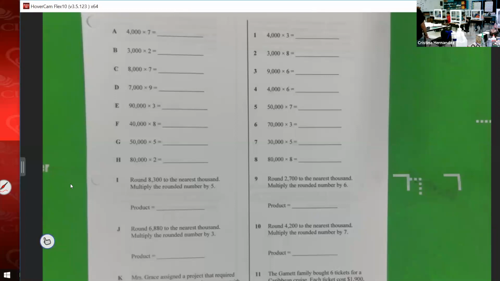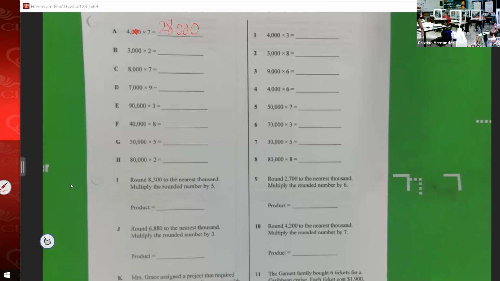How many zeros are moving over on A? Come on, wake up. 3. So we're going to put 1, 2, 3. We get rid of those, and we're left multiplying what? 7 times 4, and it's what? What's 7 times 4? 28. Good job.